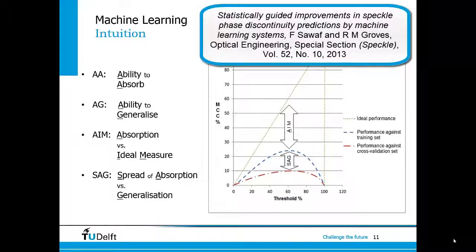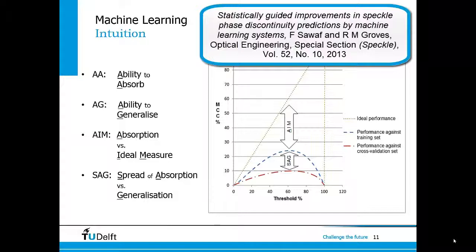Now, the second question was in relation to the number of neurons in the hidden layer, and somebody asked, would it be possible, before we start, to predict in advance how many neurons we need?